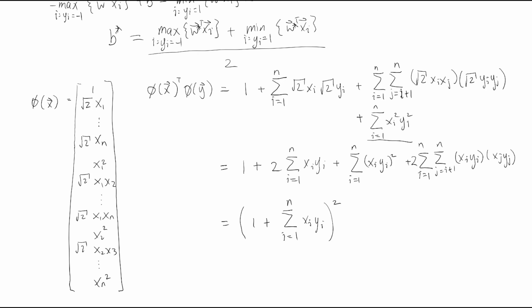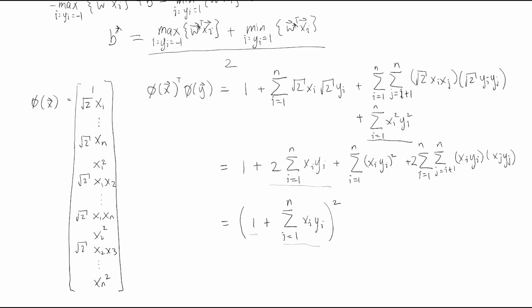You can see that because we have the 1, when you square this whole thing out, you get the 1. And then you get the cross term, where it's 2 times 1 times the summation. That gives us the cross term here. And finally, you have the second part squared.